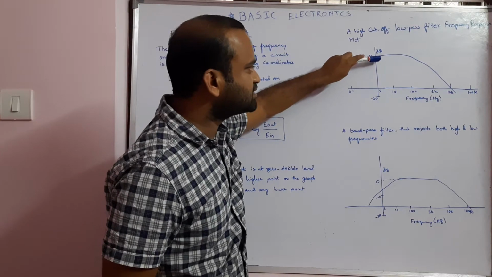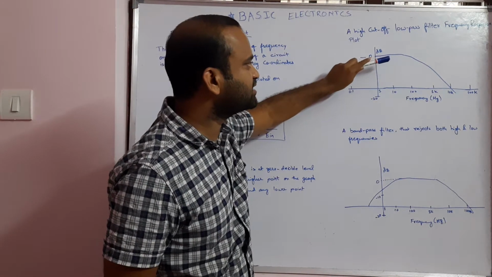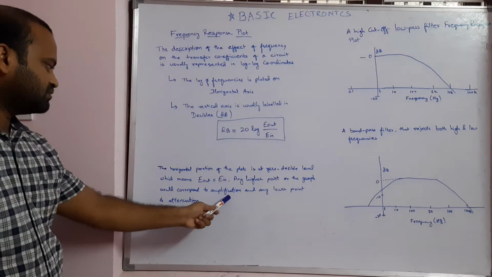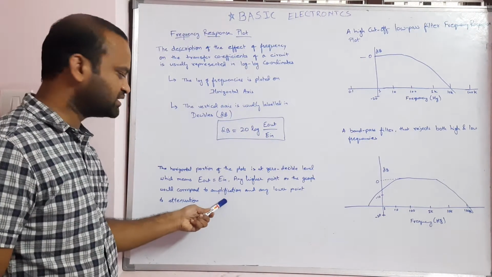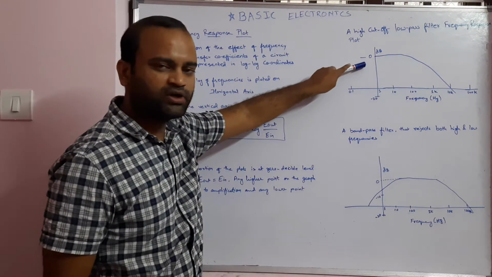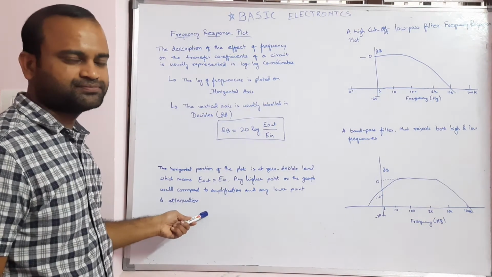As any point goes higher than 0 dB, the system is amplifying, and the response is amplification. And any point below 0 dB means the system is attenuating.